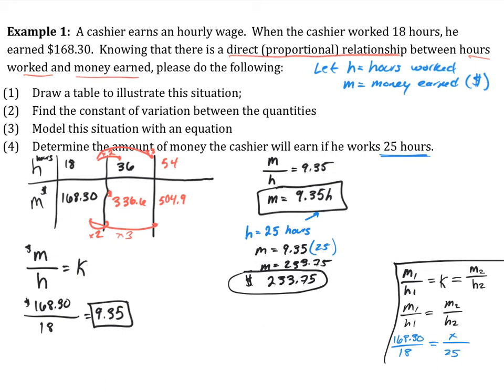So if we solve that proportion here, we will get 233.75. So if you know there's a direct variation between two quantities, you can solve that question. If you're just asked to address the question, you can solve that using a proportion, and that's perfectly fine.